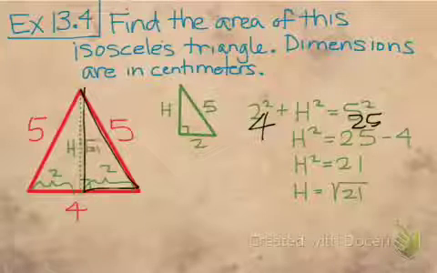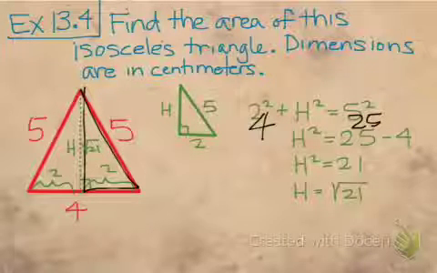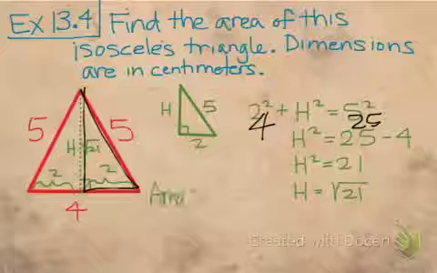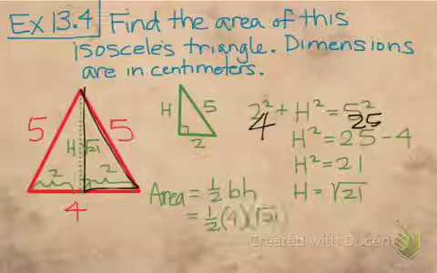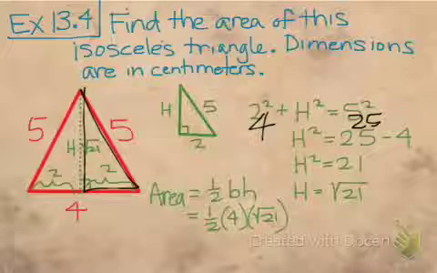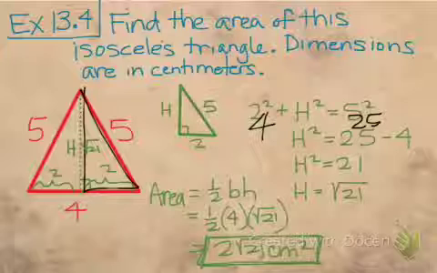So now that we know the height, we can find the area. Because to find the area of a triangle, you need 1/2 base times height. So we know that it's 1/2 times 4 times the square root of 21. So it's 2 square roots of 21 square centimeters.